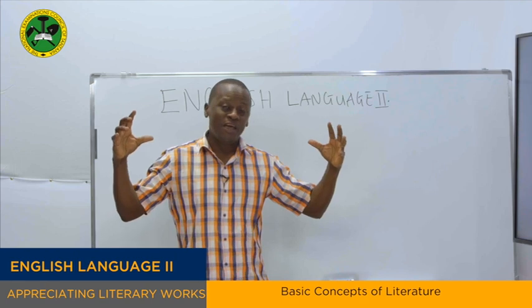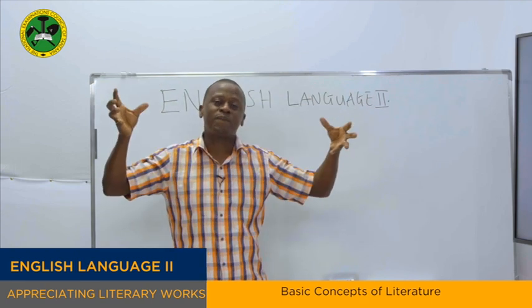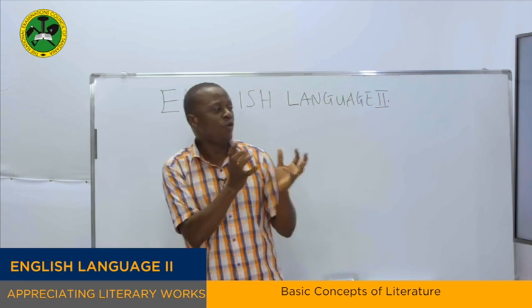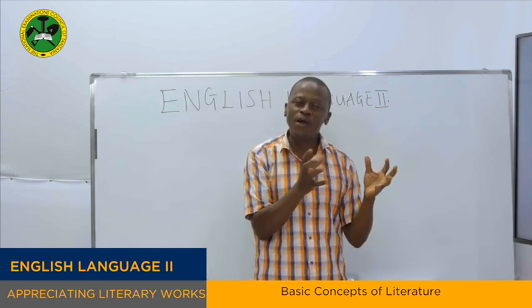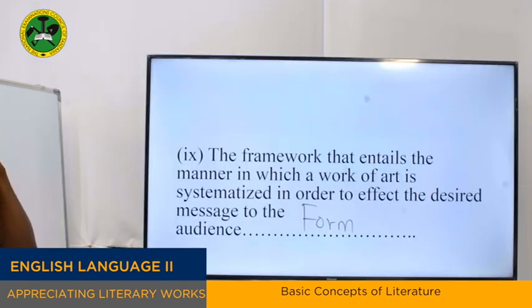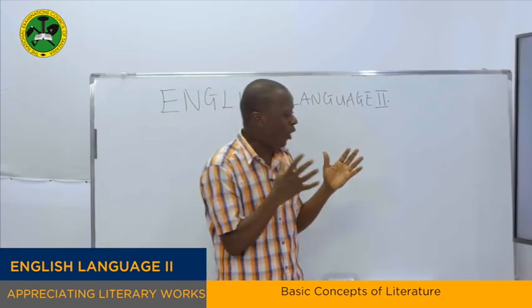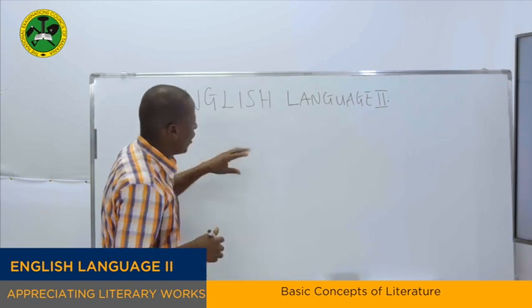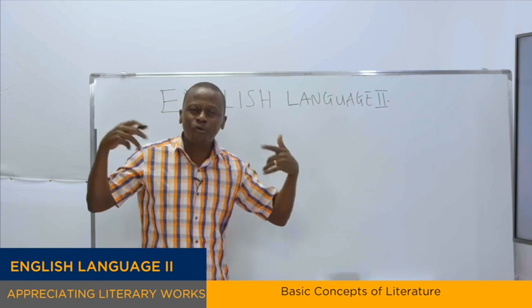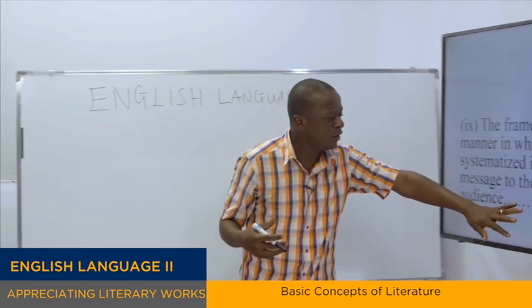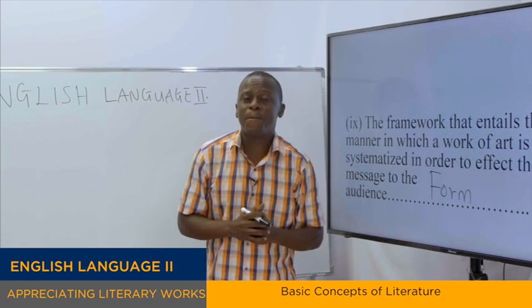So a form is that structure, that superstructure, the way you arrange, the way you organize your thoughts. You may start to think of the title, which title fits in my work. Now, starting searching for a best title, now you are talking about the form.